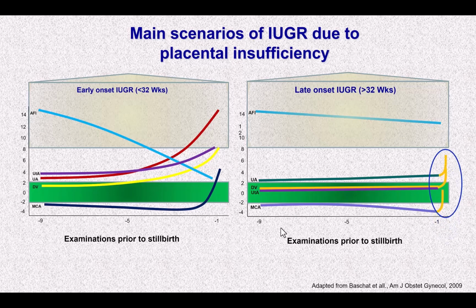Look here, alterations that we can find in the early onset are always present also in the late onset, but the problem is that they are very late and generally very close to the fetal death and almost to the fetal sequelae.